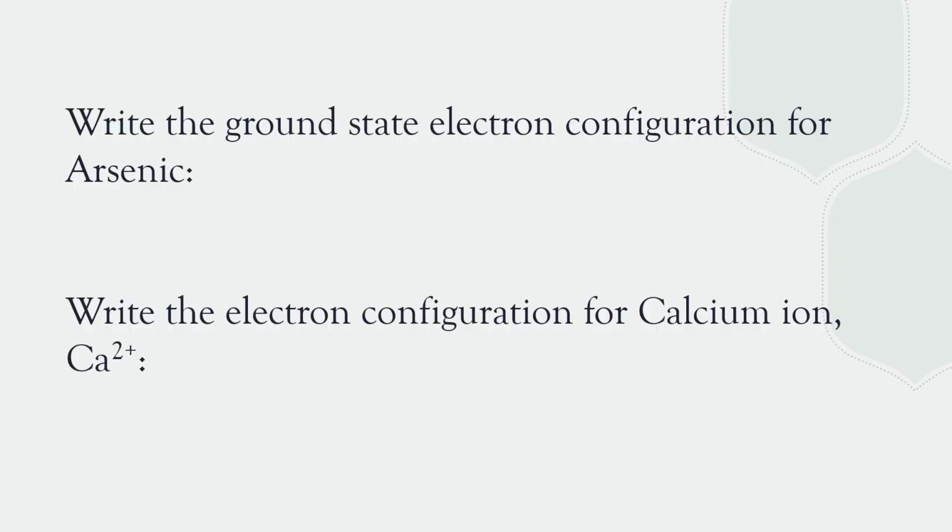Write the ground state electron configuration for arsenic. Arsenic has 33 electrons. Let's write out the full one, just to make it easier. Looking at your periodic table, we have 1s2, that is hydrogen, helium, then 2s2, lithium, beryllium, and then boron to neon is 2p6.